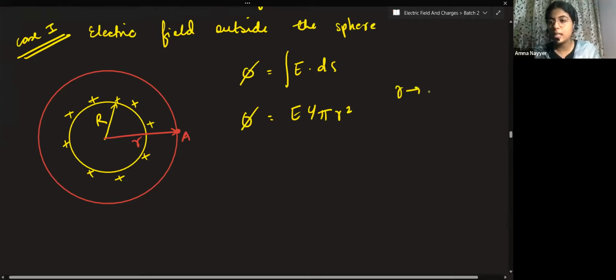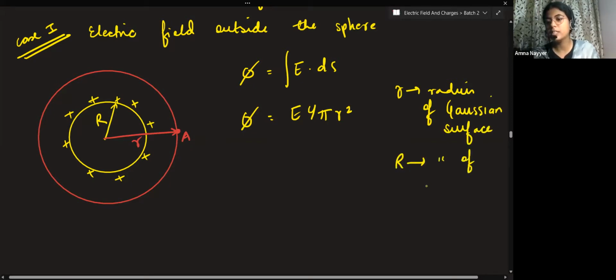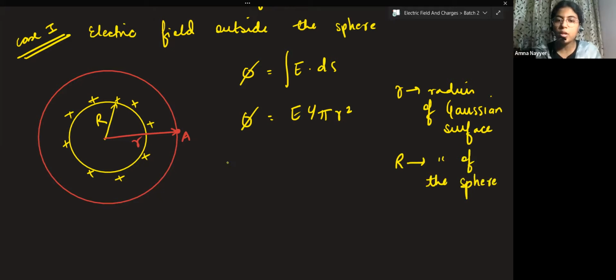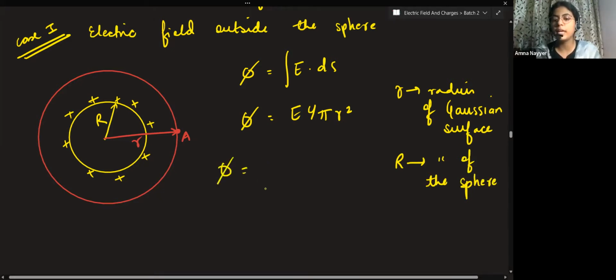Small r is the radius of the Gaussian surface, while capital R is the radius of the sphere. So don't get confused between small r and capital R. Now using your Gauss theorem, flux is Q by epsilon naught. This is from your Gauss law.